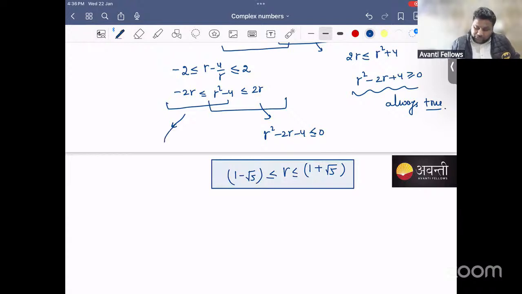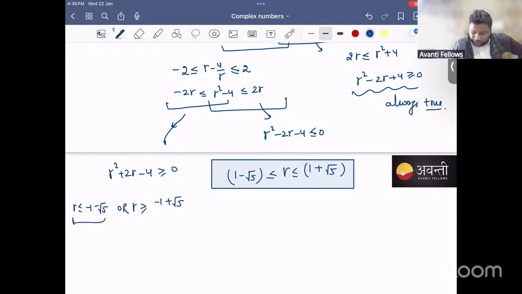Now, if you go with the other part, you get r square plus 2r minus 4 more than or equal to 0. So from this part, I get r more than or equal to minus 1 plus root 5 or r less than or equal to minus 1 minus root 5.